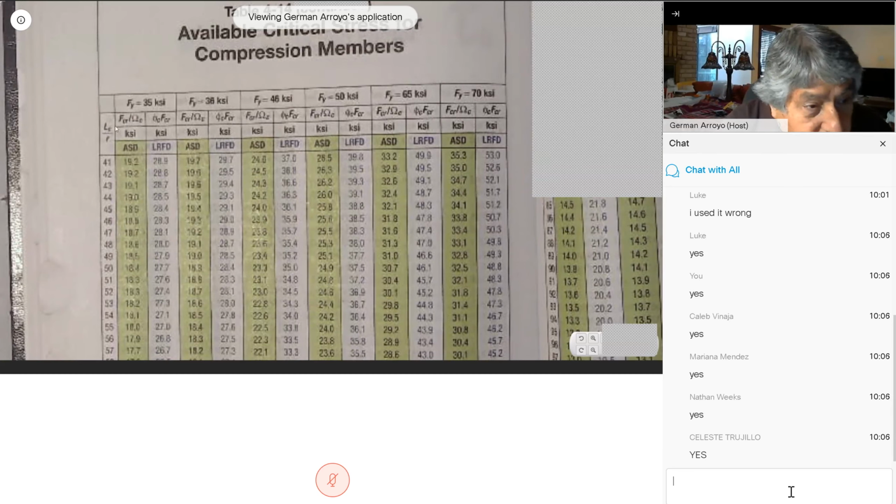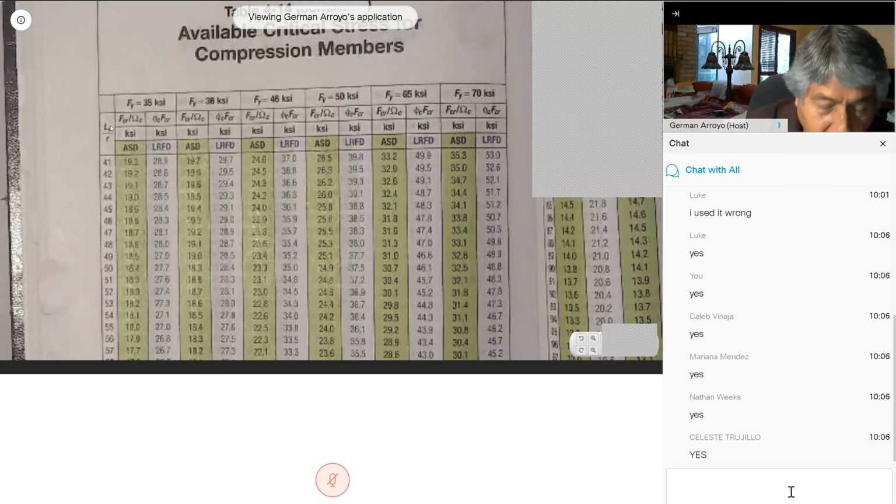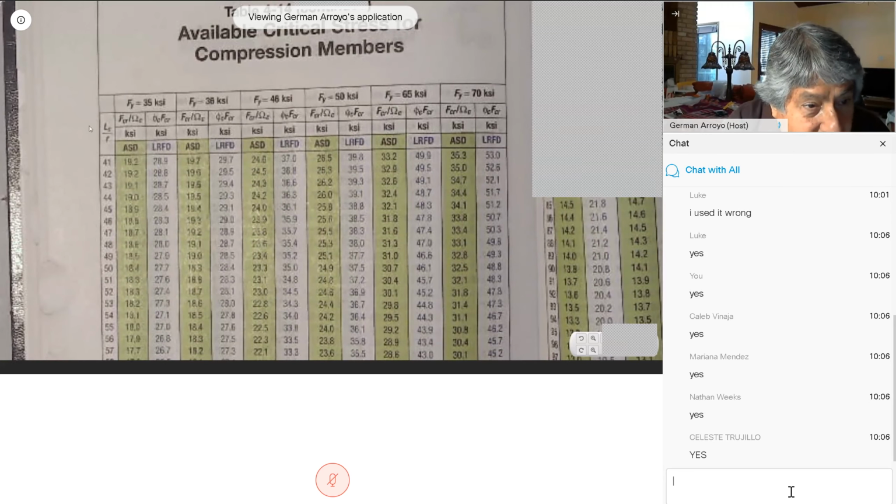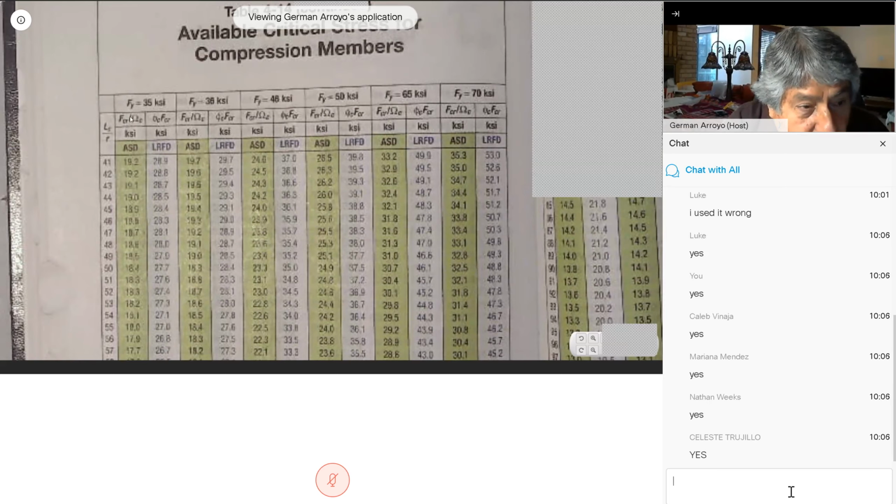So this in here is only based on the geometry. I want you to remember that the radius of gyration has nothing to do with the type of steel. So this is just a number, KL over R. And here we have the different types of steel.